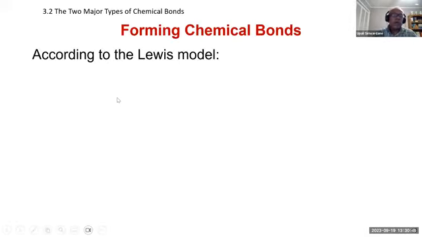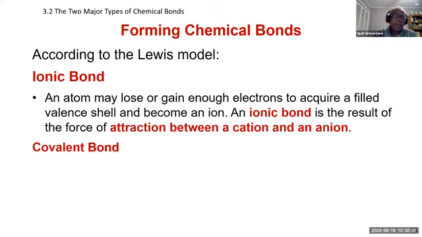We're going to look into a few more examples of chemical bond formation. According to Lewis' model, ionic bond is formed by losing or gaining electrons to form cations and anions.